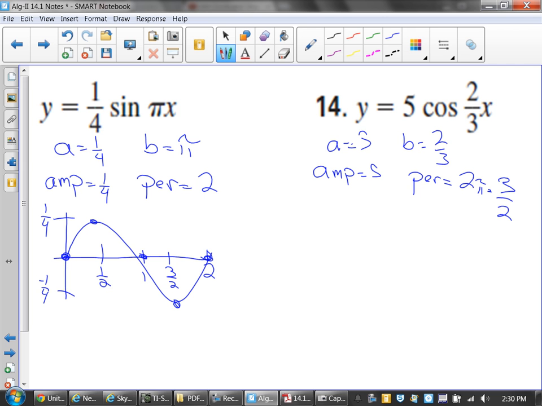Writing it as a fraction sometimes simplifies quicker. So that gives me a period of 3 pi. Okay? Not so bad? And when you go to mark off this one, it ends at 3 pi. Here's 3 over 2 pi.